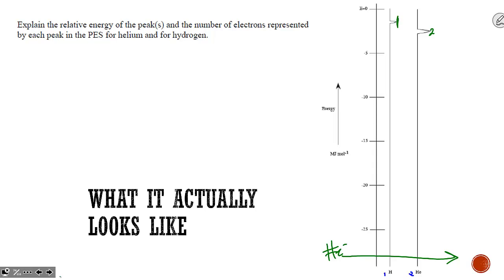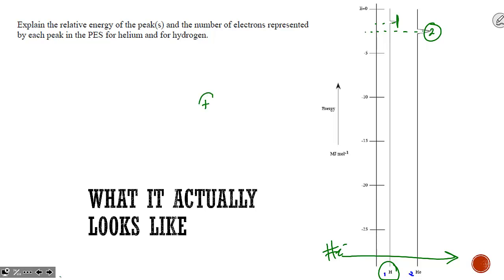So this blip for hydrogen represents the amount of energy needed to remove the one electron from the first energy level of hydrogen. For helium, at 2300 kilojoules, you could remove either electron from helium because they're in the same energy level.